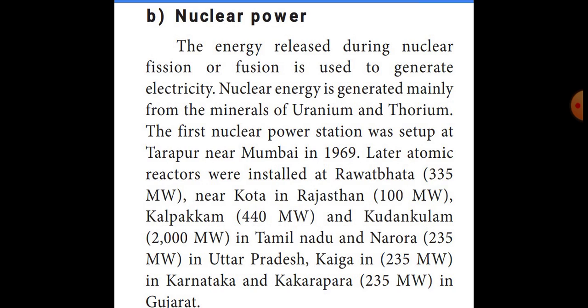Then they were also set up in Kalpakkam, Kudankulam in Tamil Nadu, Narora in Uttar Pradesh, Kaiga in Karnataka, and Kakrapar in Gujarat. These are the areas where nuclear power stations were set up.